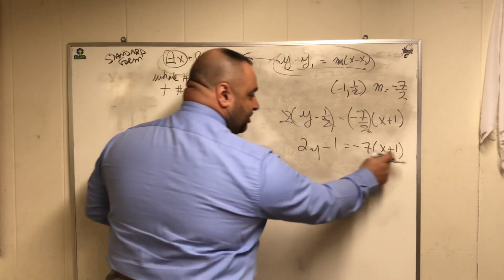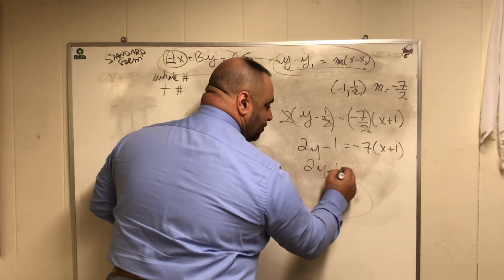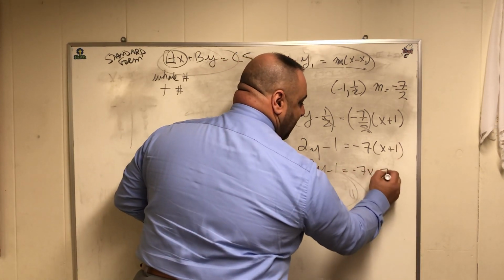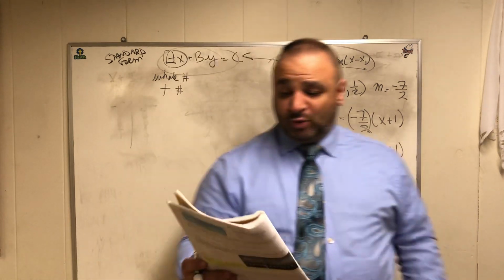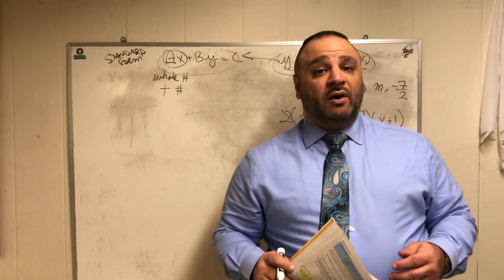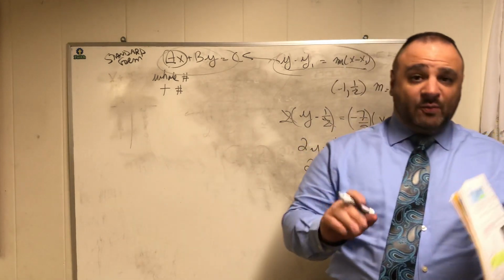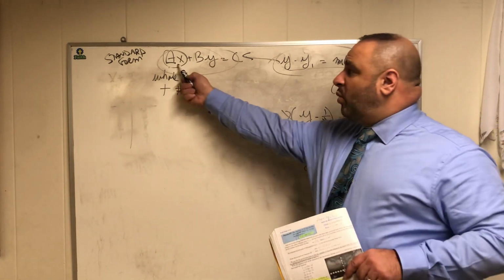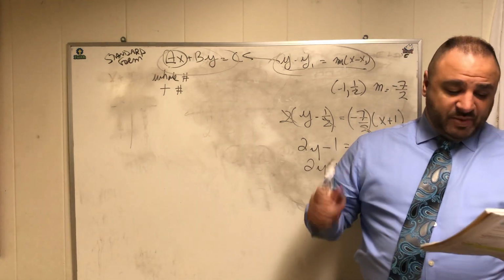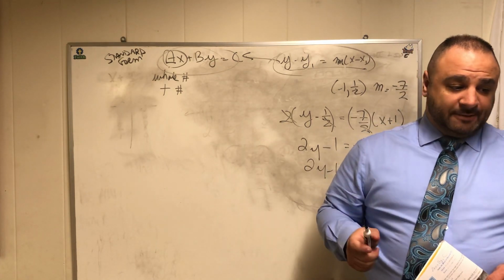Now I'm just going to simply work that out. So 2y minus 1 equals -7x minus 7. Okay, so now that we have everything simplified, we want to put it in our standard equation of ax plus by equals c.